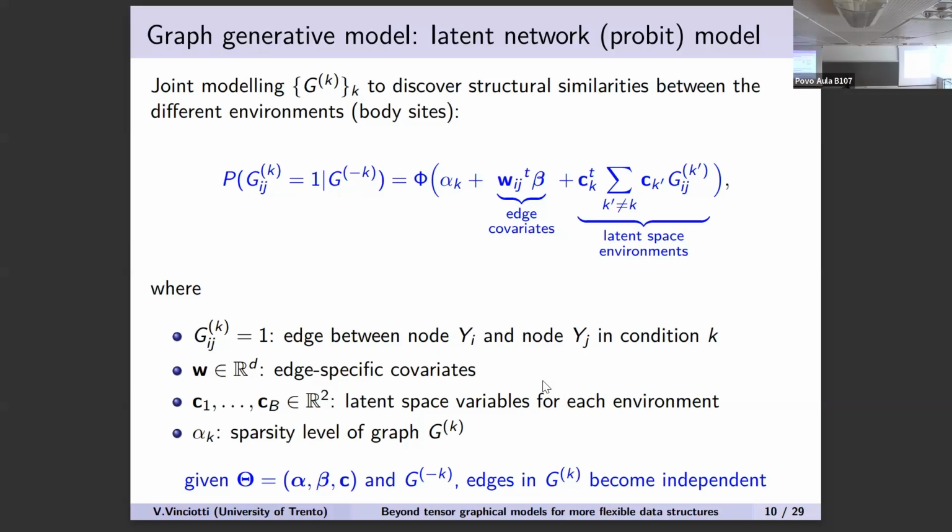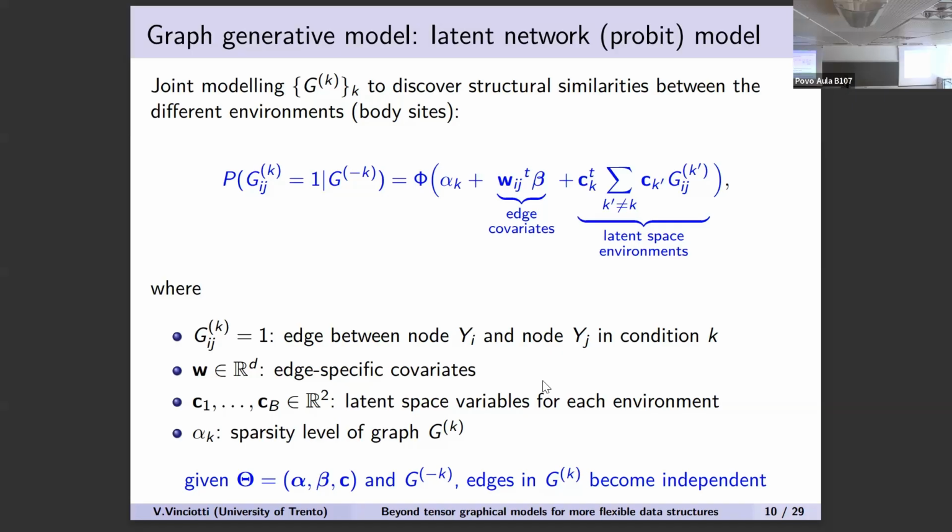As I said, we have a choice here, and these are all parameters. What you see here is called the probit regression model. Maybe you're more familiar with logistic regression, which would be okay too. It is some kind of model where the responses are binary. I put in this model various parameters. The first one is some intercept. Maybe there is more sparsity in one network than the other, so maybe saliva is very sparse and throat not.